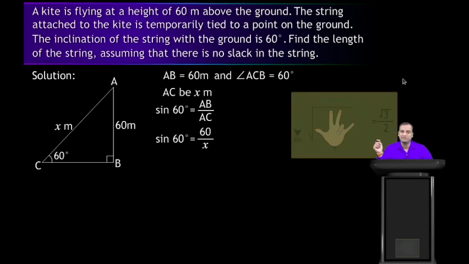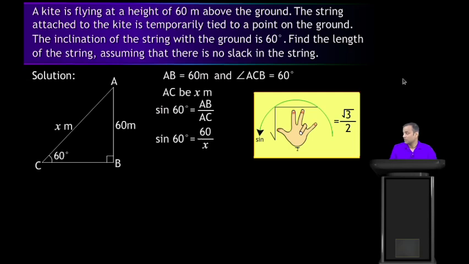Yes, very good answer. Sine 60 is equal to root 3 by 2. So we will put the value as root 3 by 2. You can also use this finger trick to check sine.